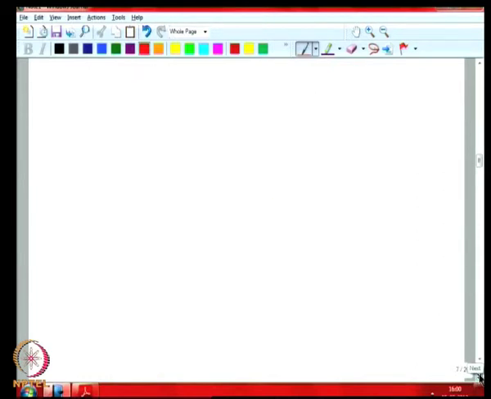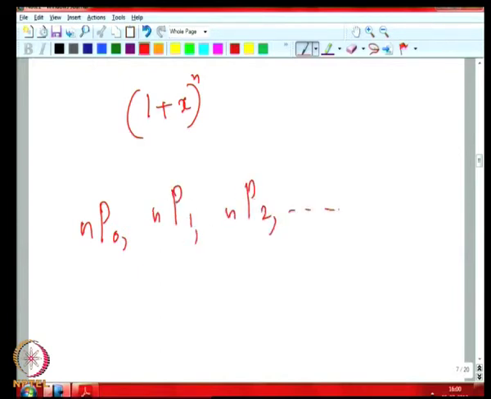Therefore, we see that 1 plus x raised to n is the exponential generating function for the sequence n p 0, n p 1, n p 2 and so on, while it was the ordinary generating function for n c 0, n c 1, n c 2 and so on.